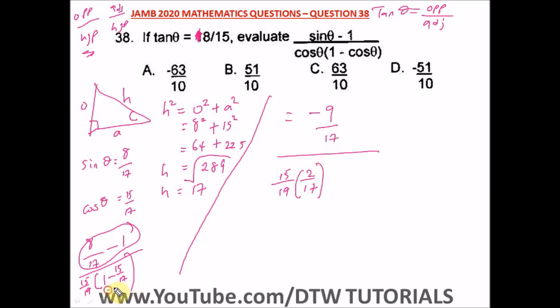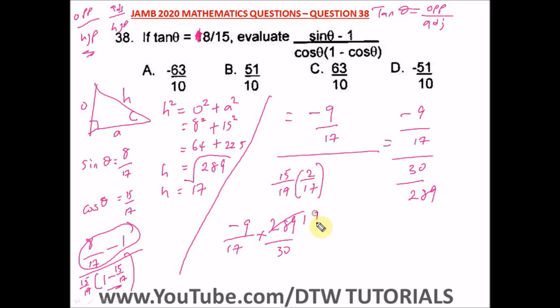And when we solve for what we have here, we have 2 over 17. So we are left with minus 9 over 17 over 30 over 289. So flipping all this over, we have minus 9 over 17 times 289 over 30. 17 here is 17, 17 here 1.